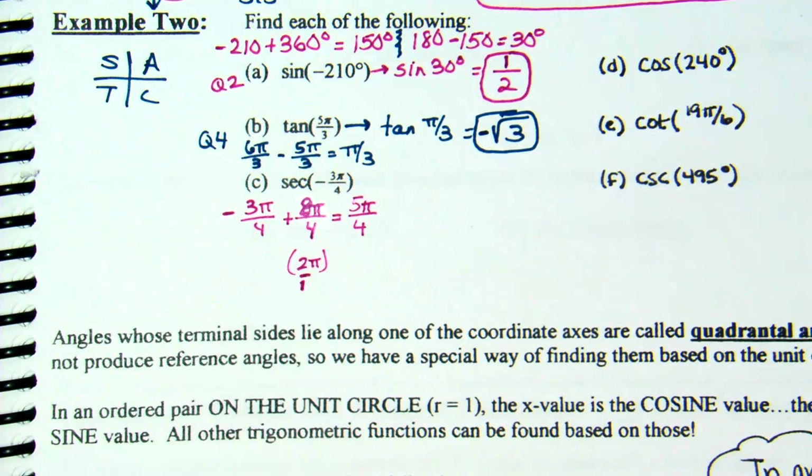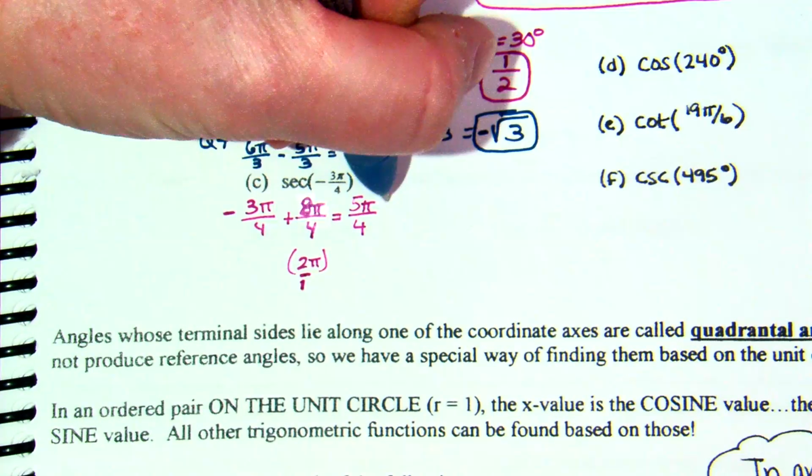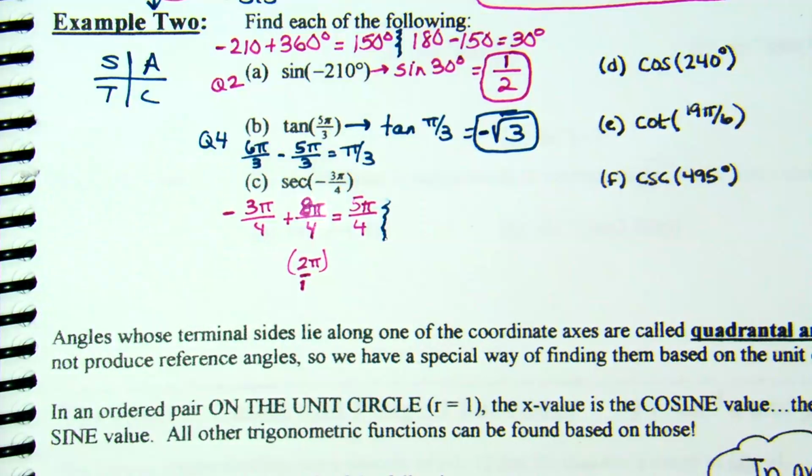I was just trying to get a common denominator, since we're working in terms of fourths here. Are we caught up at that point?